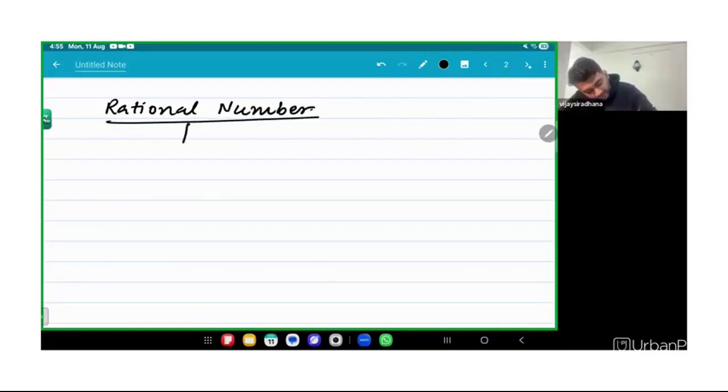Now, first of all, we should know what you mean by rational number, right?